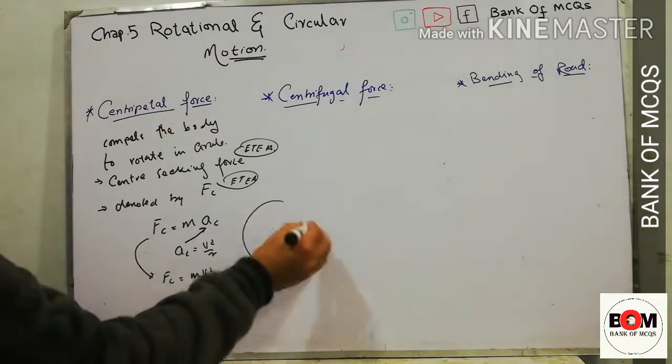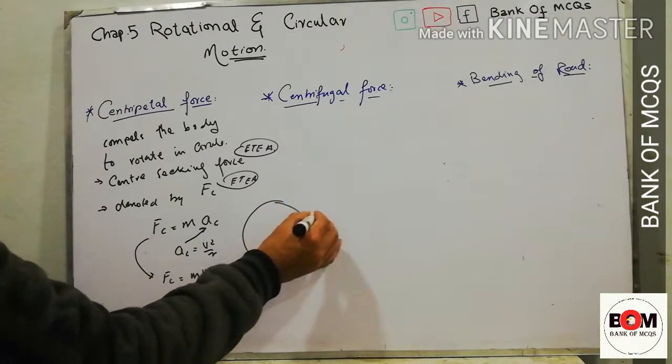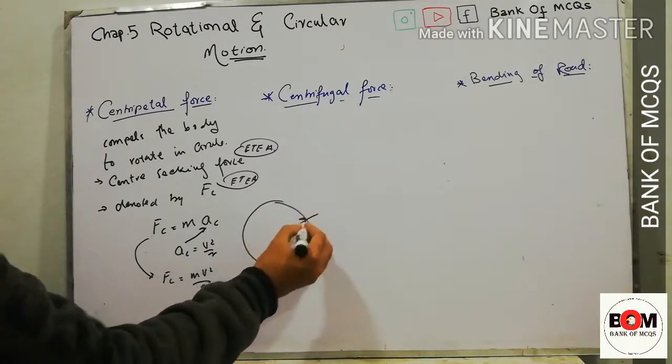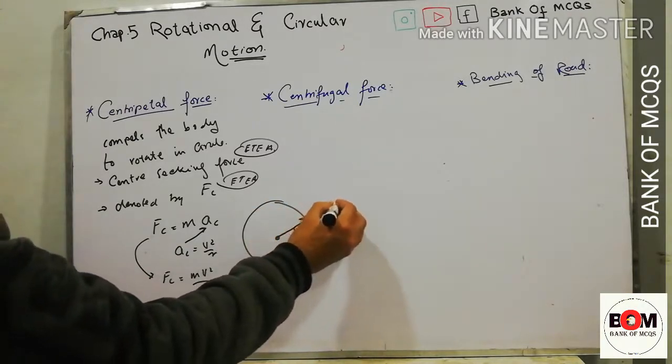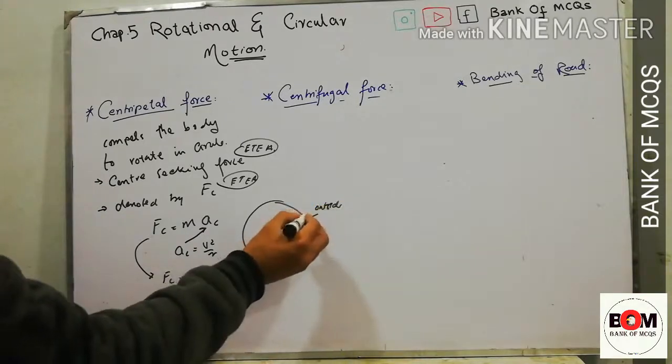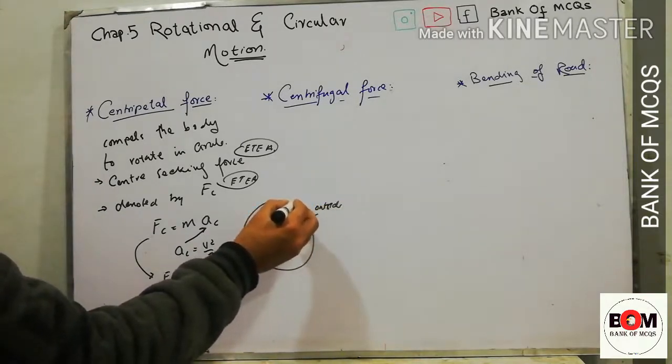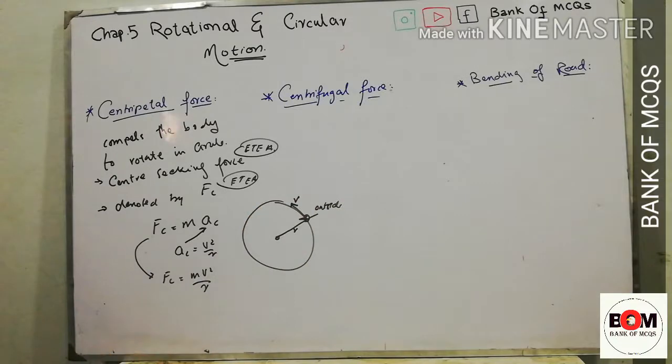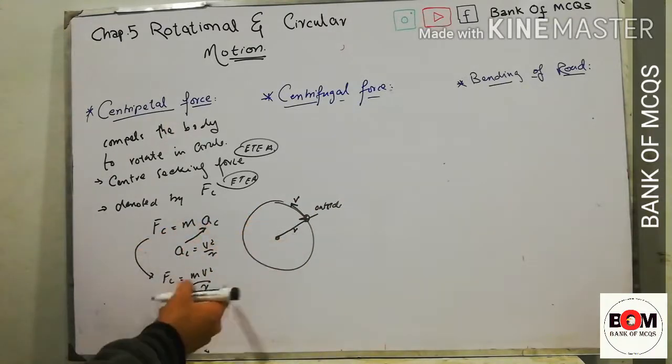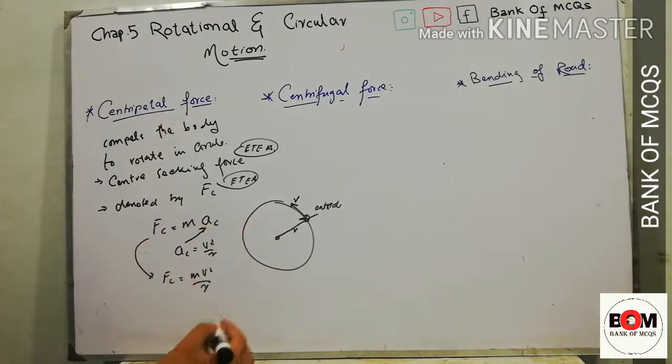Putting it here, we will get Fc is equal to mv square divided by r. Here this is the radius of the circle, moving outside or towards outside. This is the body of velocity v. So the force that acts on it is Fc is equal to mv square divided by r.